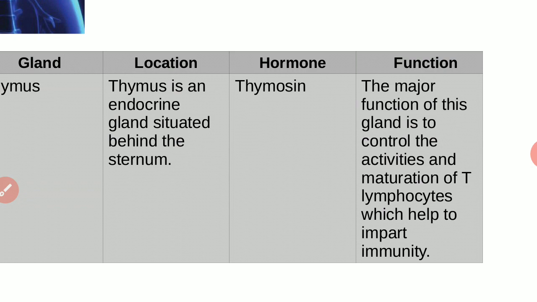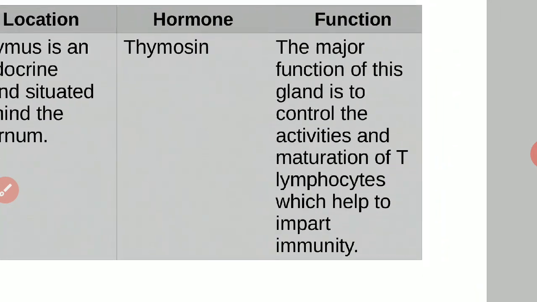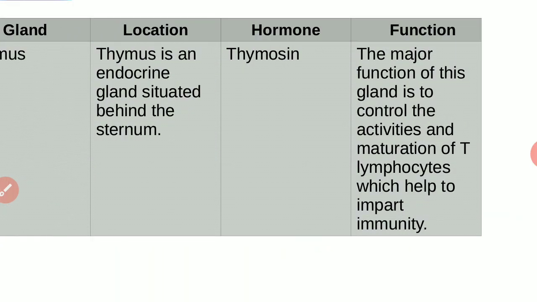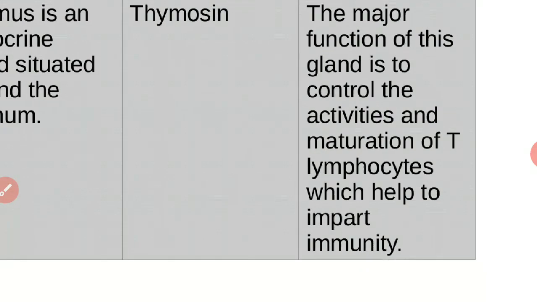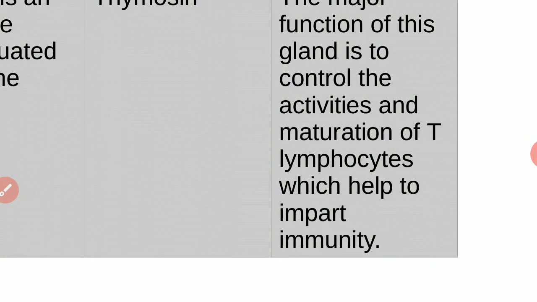Okay, this hormone is produced by the thymus gland. Lymphocytes are blood cells providing immunity. Okay, the maturation of T lymphocytes is the role of thymosin.